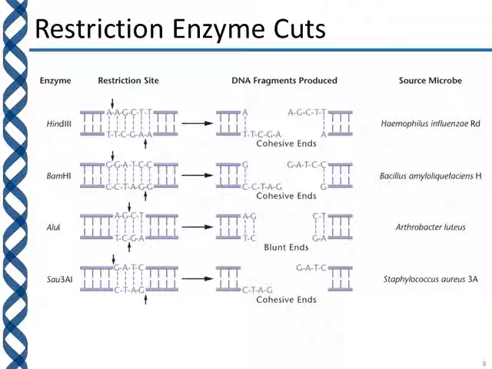And these have overhangs which you can use to ligate your DNA sequences from other sources. You have some restriction enzymes such as AluI, which generates blunt ends, i.e. there is no overhang of DNA sequences for ligating other DNA to it.